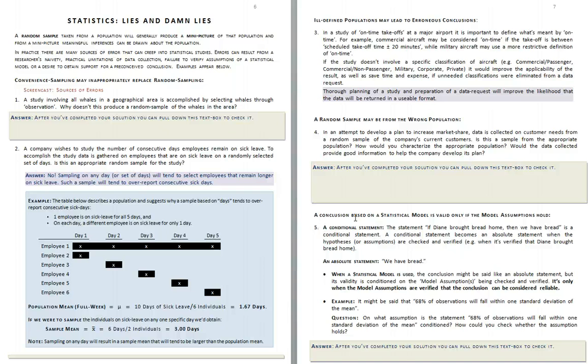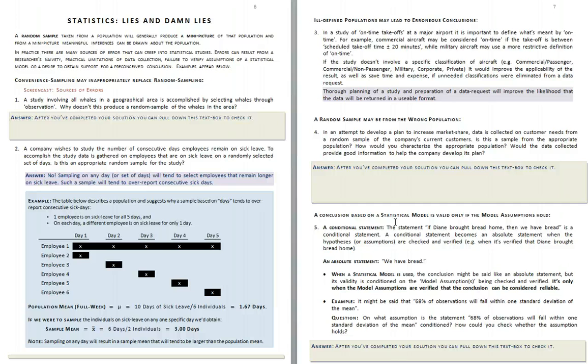Here's an example of a conditional statement. The statement, "If Diane brought bread home, then we have bread," is a conditional statement. A conditional statement becomes an absolute statement when the hypothesis or assumptions are checked and verified. For example, when we verify that Diane brought bread home, then we can make the absolute statement, "We have bread."